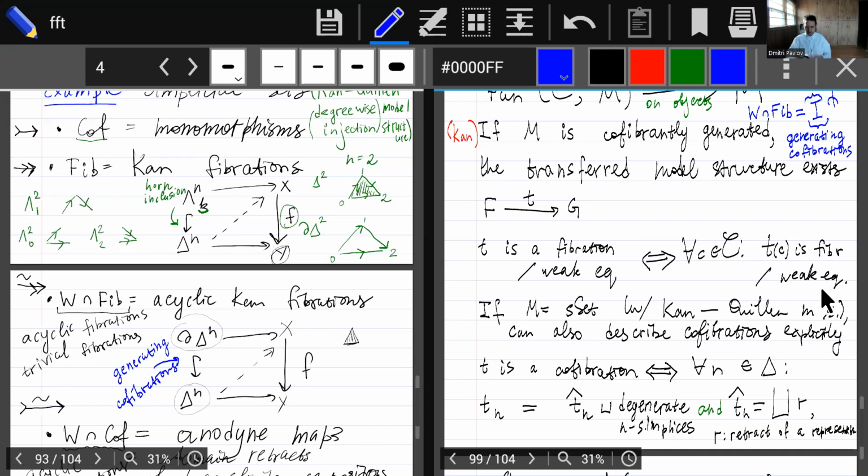So in the projective, so if M is simplicial sets, then with the projective model structure, a natural transformation is a cofibration if and only if the following condition holds. And the condition, first of all, recall that a simplicial set is a simplicial object in sets.